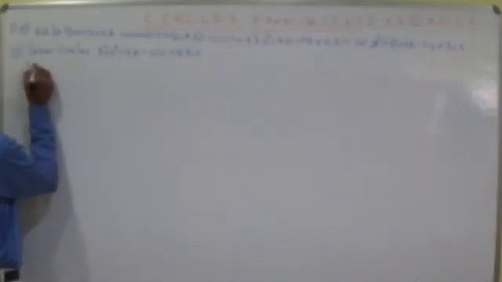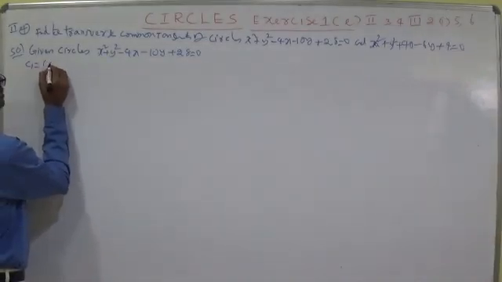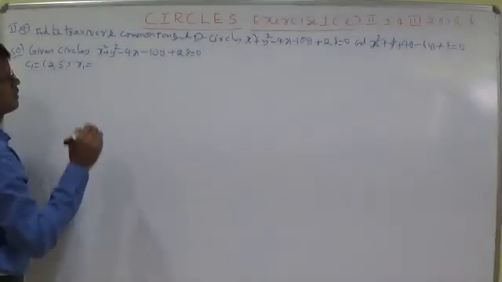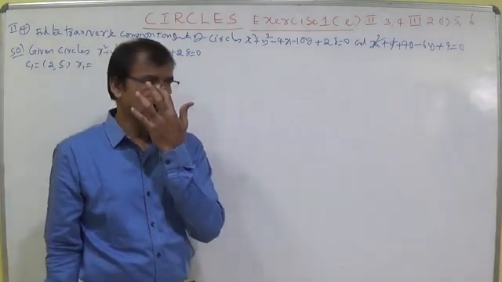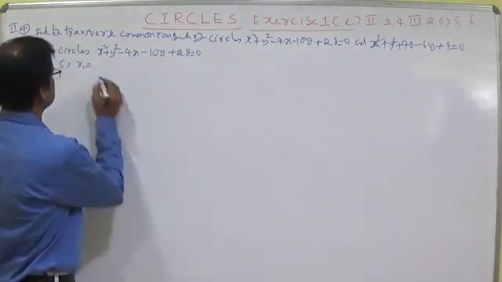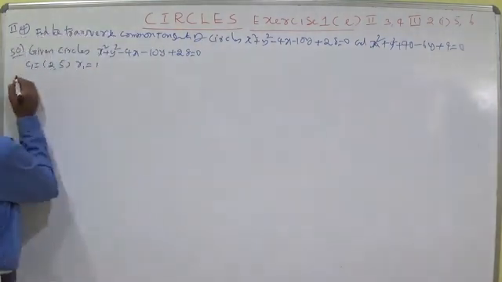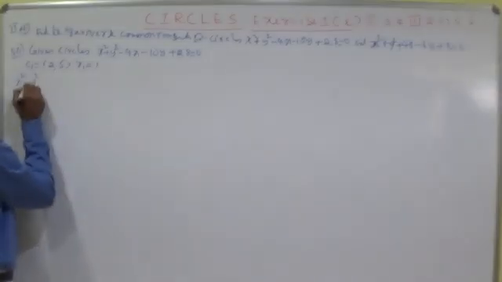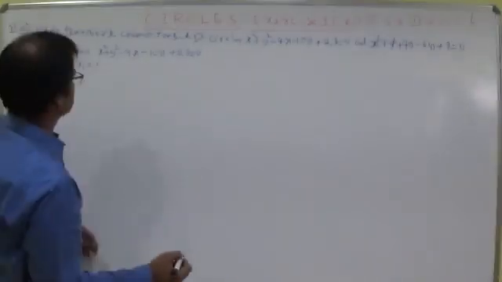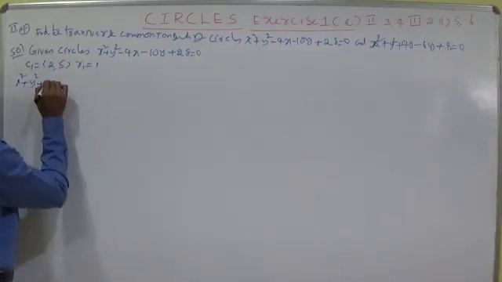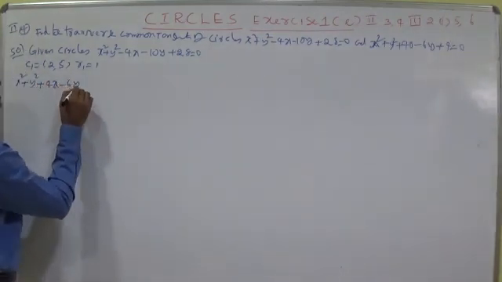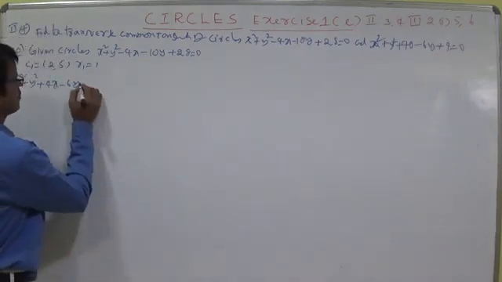Let us write here C1, center 1 is equal to (2, 5) and R1 equal to root of g square plus f square minus c, 4 plus 25, 29, 29 minus 28, 1. Next circle you write x square plus y square plus 4x minus 6y plus 4 equal to 0.